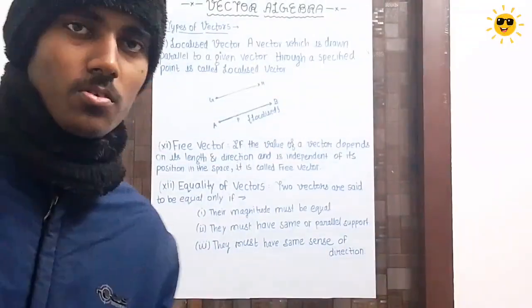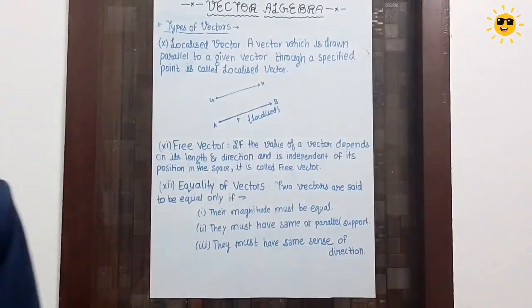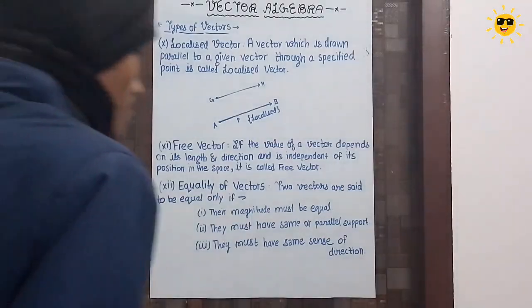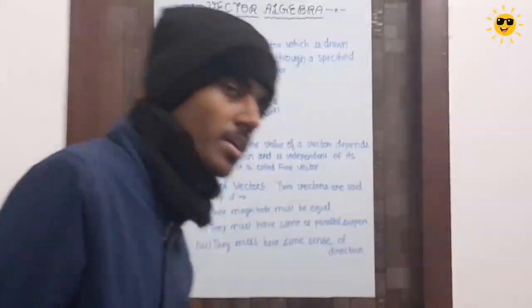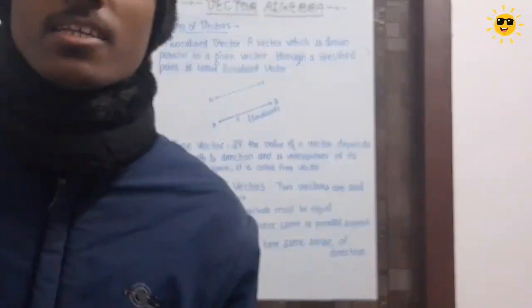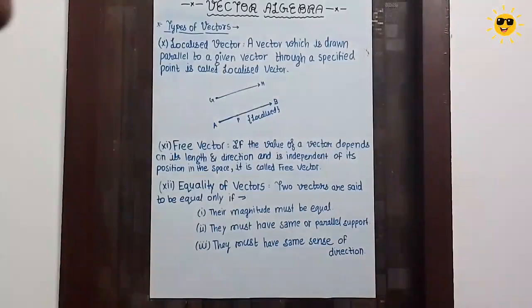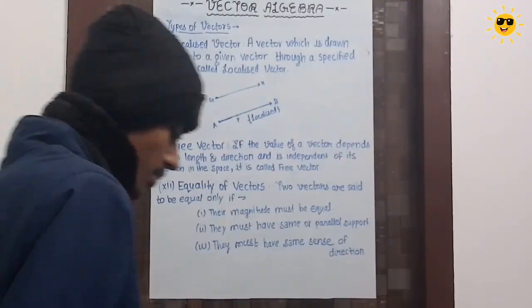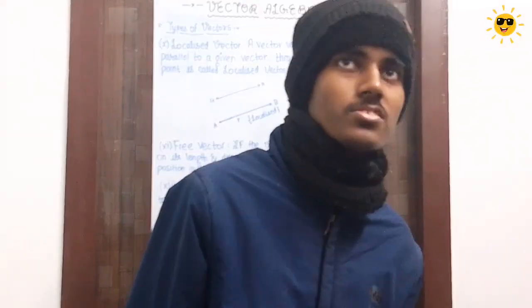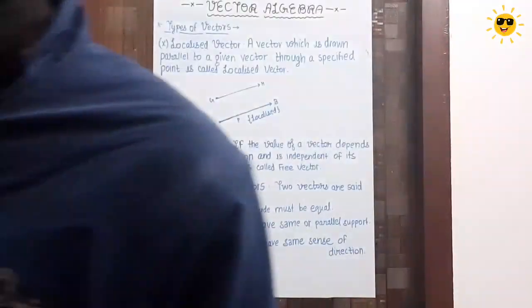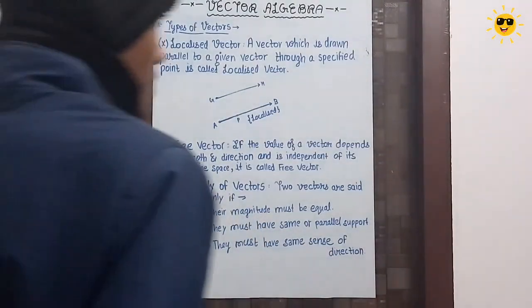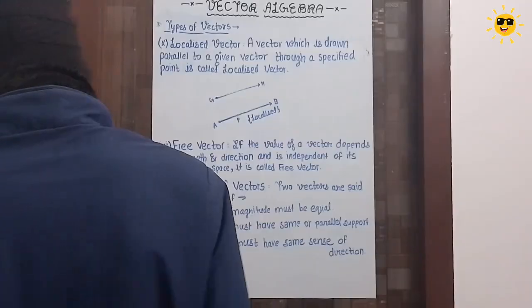So here our types of vector ended. We learned about zero vector whose magnitude is 0, unit vector whose magnitude is 1. Like and unlike vectors, they depend on same sense of direction or opposite sense of direction. Then comes co-initial vectors which have same initial point, coplanar vectors which lie in same plane or have their supports parallel to the plane.